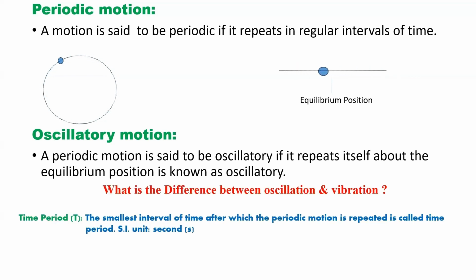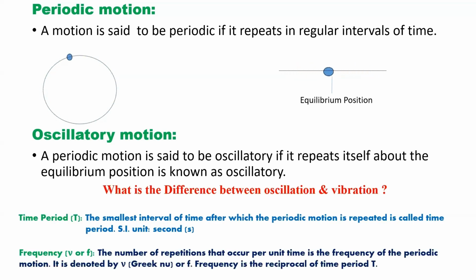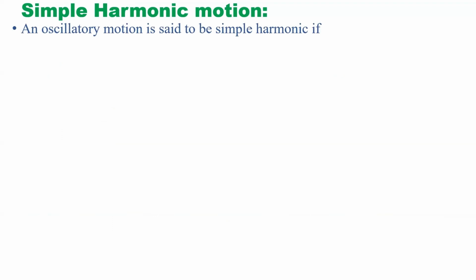Now we are going to discuss the important motion in the case of oscillations in nature that always appears, that is simple harmonic motion. An oscillatory motion is said to be simple harmonic if it satisfies two conditions.